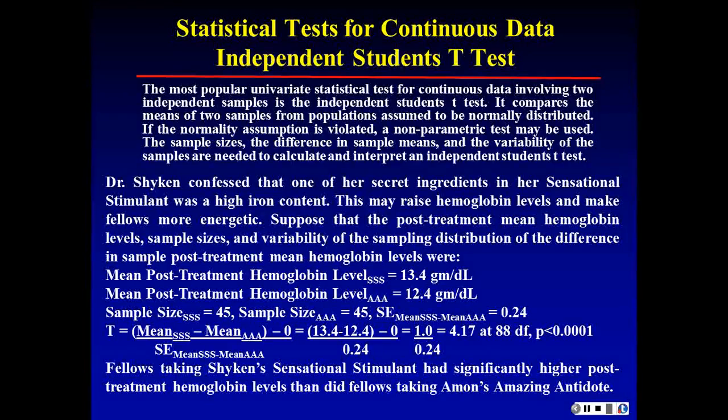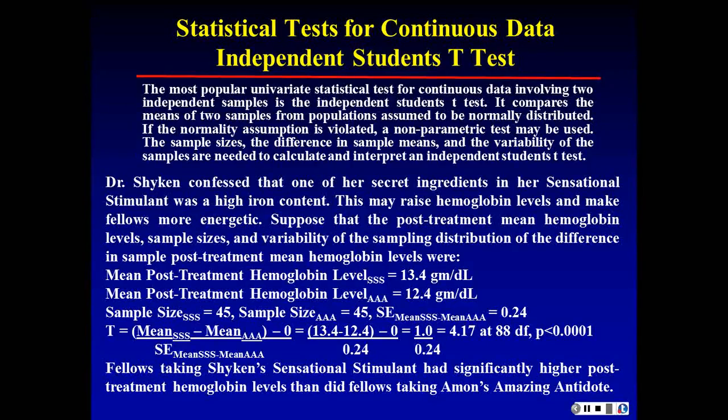It's called a type 1 error, and reject the null hypothesis and say there's evidence of a true difference. Well, is this less than 5%? All right, this is actually less than 1/100th of 1%. So really, if there was no difference in hemoglobin levels between the two groups, this would be a really rare occurrence. So this provides evidence for what?